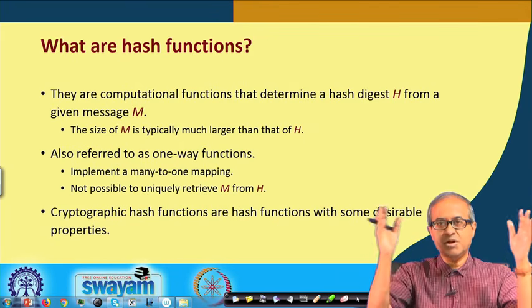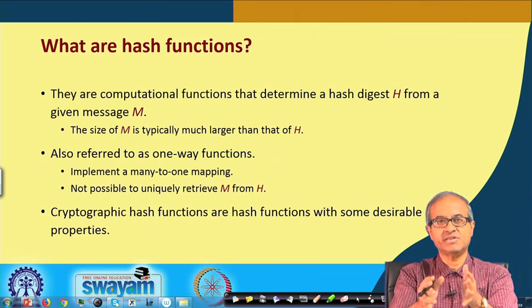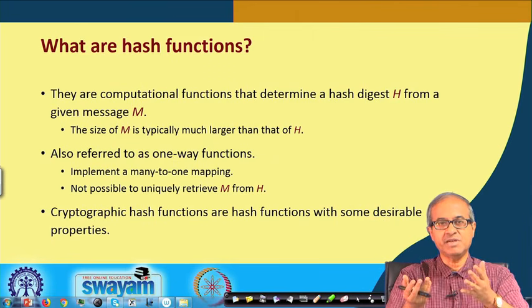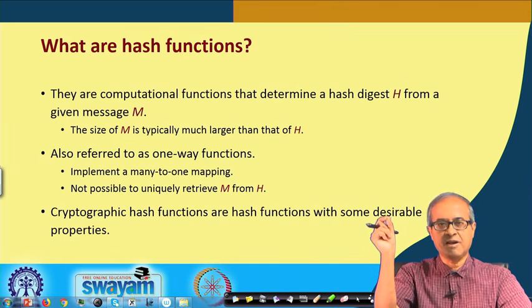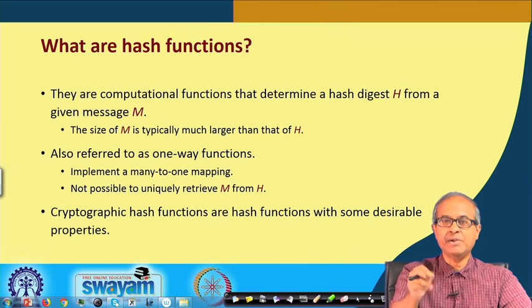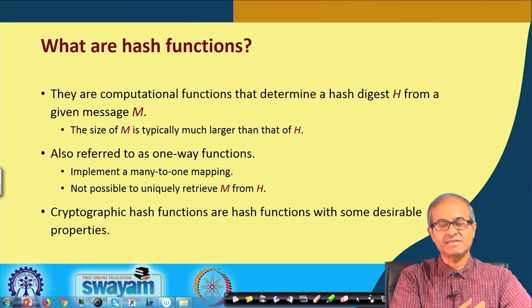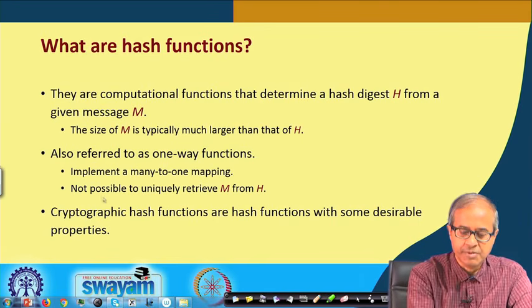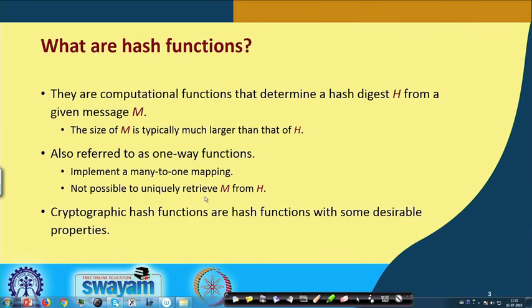Since we are mapping a larger set to a smaller set, it is always possible that multiple values of m can map into the same value of h. This is a so-called many-to-one mapping. Because of that we cannot uniquely do the reverse mapping from h to m. So, for this reason we call this a one way hash function.